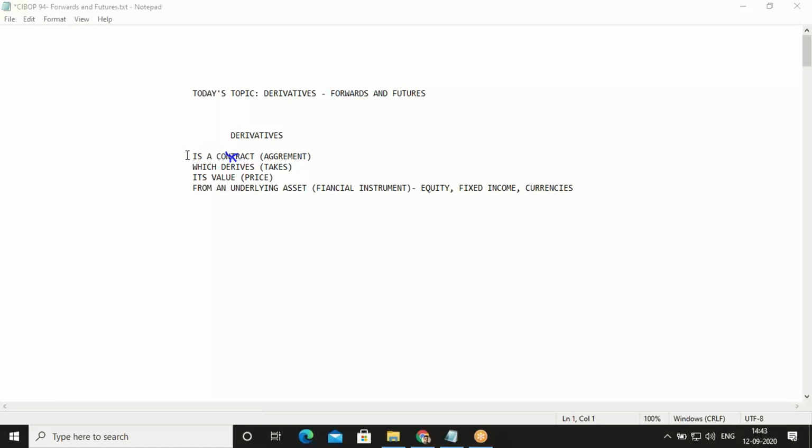So I'm again not telling you guys to mug up, but it is important that you use the right terminology for derivatives. Is this clear with anyone? Yeah. So it's a contract which derives its value from an underlying asset. Okay, so quickly write this down, the definition, and then we'll move on to the next thing.